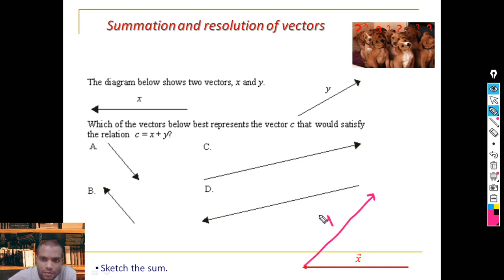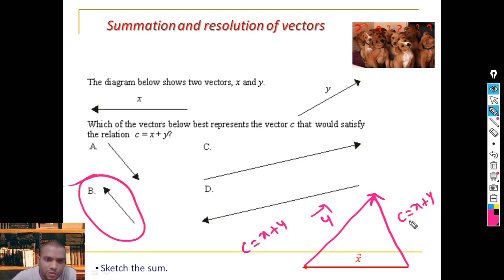So this is y bar. Now I need to find c equal to x plus y, so I draw the c bar vector. This is c equal to x plus y. What is the answer? The answer is B. So we can add y bar like that and get c equal to x plus y. So B is the answer.